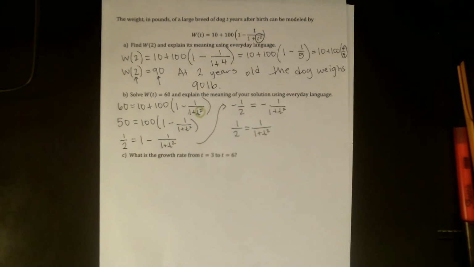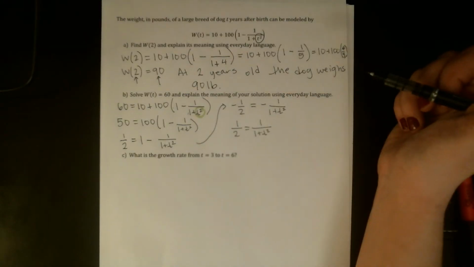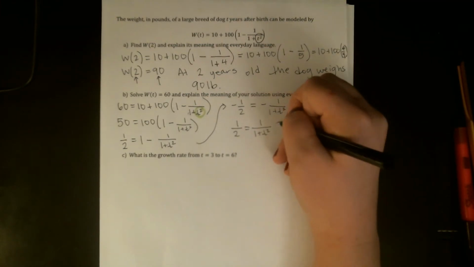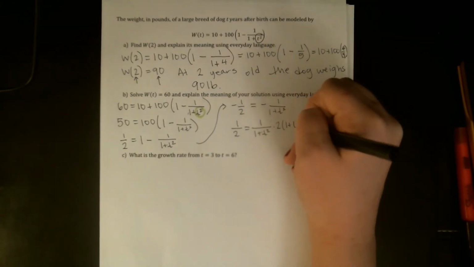Okay, so this one gets a little bit funny because we're not dividing t by something, we're dividing something by an expression involving t. So it really does come down to how do we get the t out of the denominator? And the answer is we multiply both sides by 1 plus t squared. And I think I'm going to go ahead in the same step and just clear fractions completely. So I'm going to multiply both sides by 2 times 1 plus t squared.